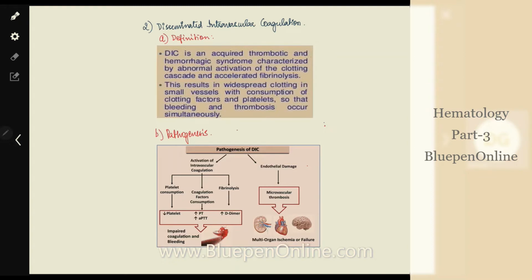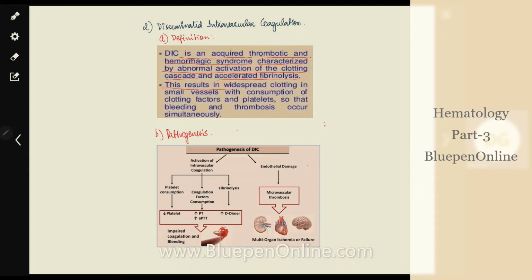Our next disease for the day is disseminated intravascular coagulation. What is the definition? DIC is an acquired thrombotic and hemorrhagic syndrome characterized by abnormal activation of the clotting cascade and accelerated fibrinolysis.